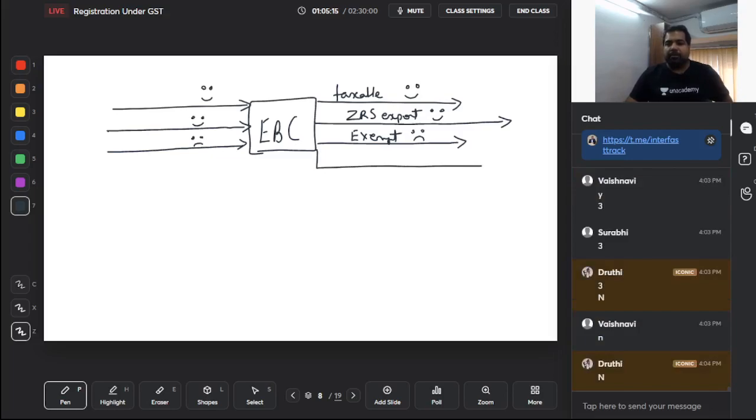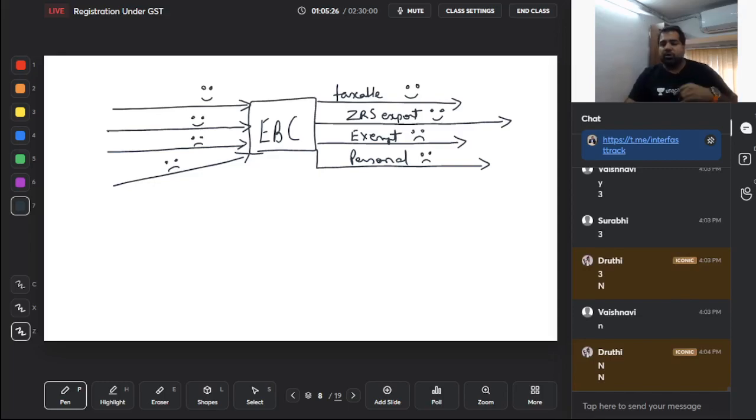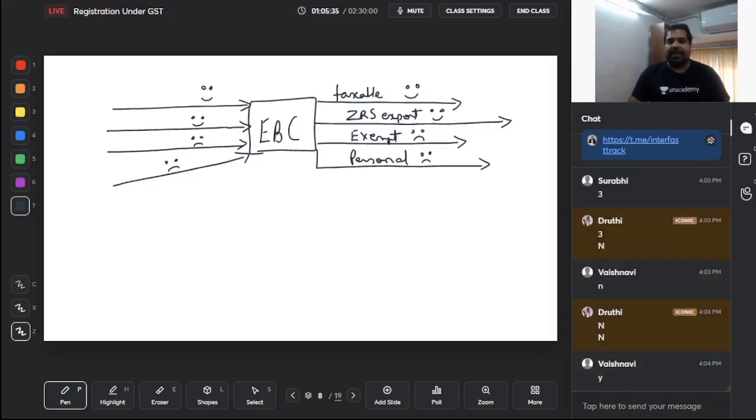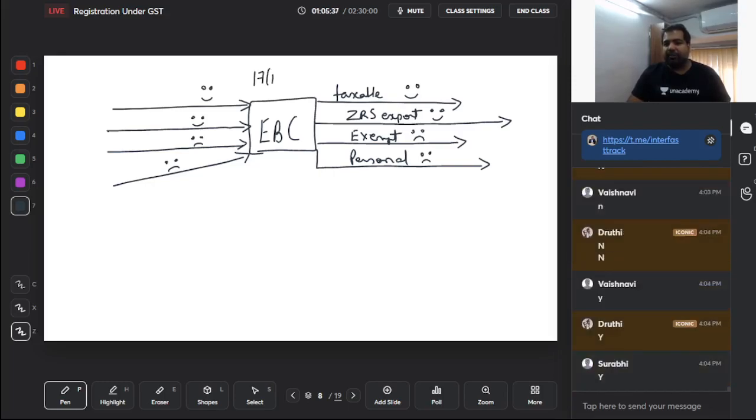And I am making some personal supply, guys. Will the government be happy with this? No. So will I get credit for this? No, I will not get credit for this. So, guys, can I summarize this as give and take relationship? Please tell me yes or no. Is this your give and take relationship? Yes, and this is your section 17(1) as well.